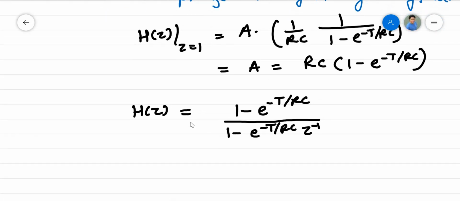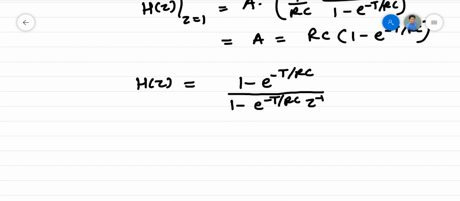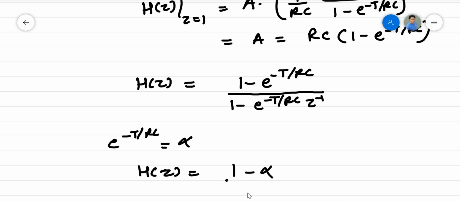Now this transfer function is optimized, and as e to the power minus T by RC is a constant, depending upon the sampling frequency and the values of R and C, we substitute it as alpha. So H(z) will look like 1 minus alpha over 1 minus alpha into z inverse.